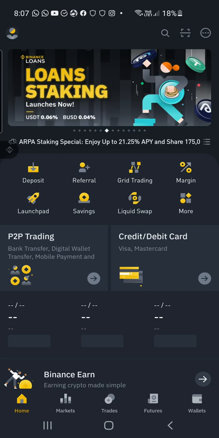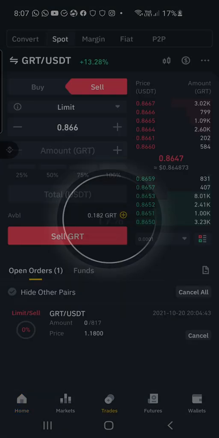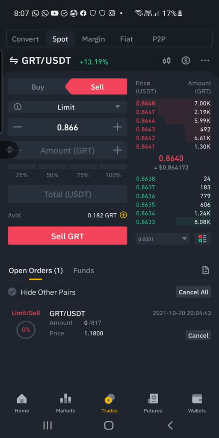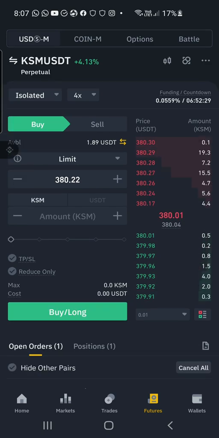What does that mean? So just to put it simply, trading a coin is buying it for a certain price and selling it for a higher price. When you are buying futures, then you have a margin. So what does that mean?